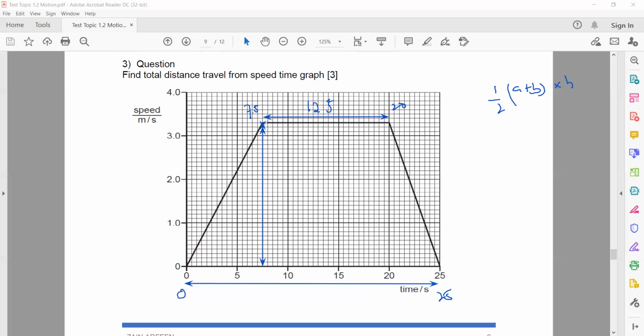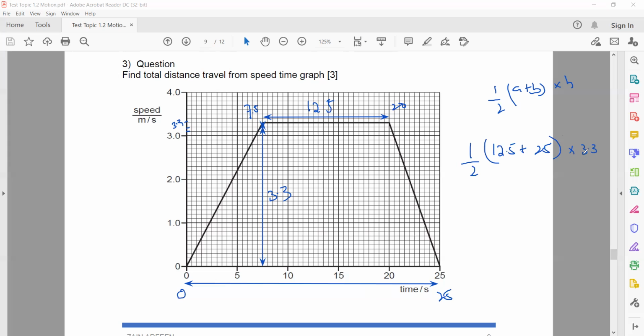And what is the height? When you check the height, each square is representing 0.1. So this will be 3.1, 3.2 and 3.3. So the height is 3.3. We'll substitute half the sum of the parallel sides. One side is 12.5, the other parallel side is 25, multiplied by the height, which is 3.3.